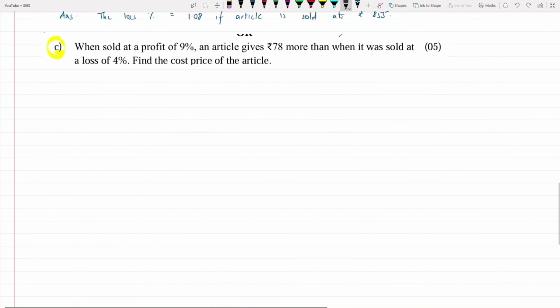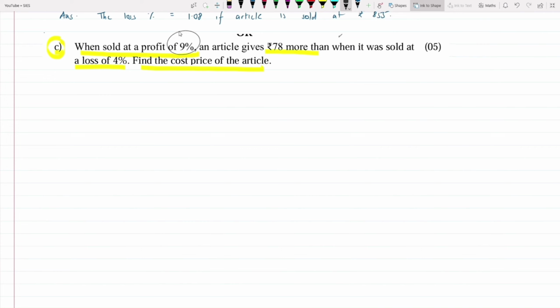So here we have, when sold at a profit of 9%, an article gives 78 rupees more than when it was sold at a loss of 4%. Find the cost price of the article. So we have a profit of 9%.